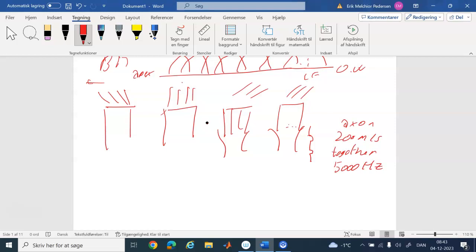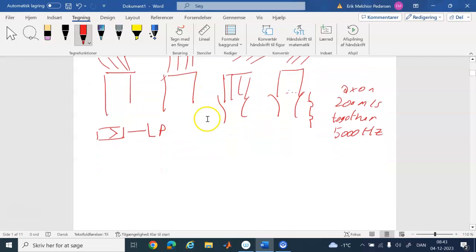It's a little bit complicated. You can say the hair cells are a mechanical-to-electrical transducer, and there's a rectifier and a low-pass filter connected. That's the hair cells.